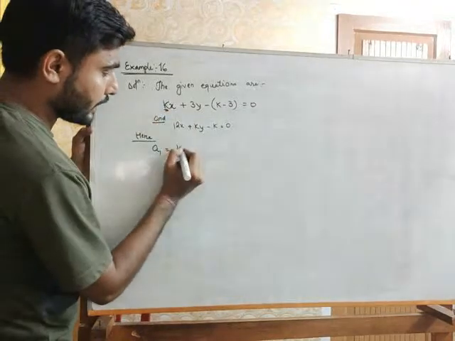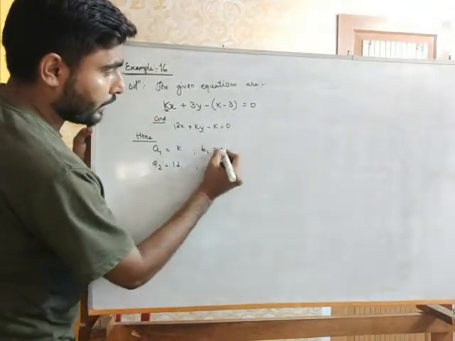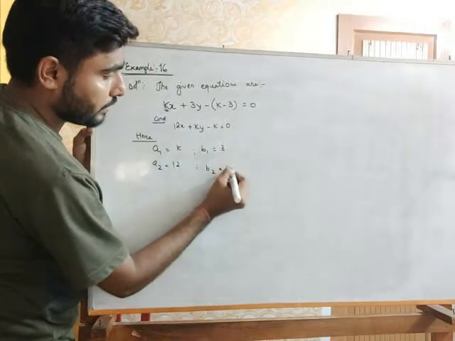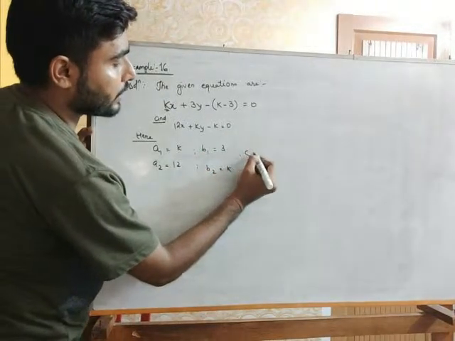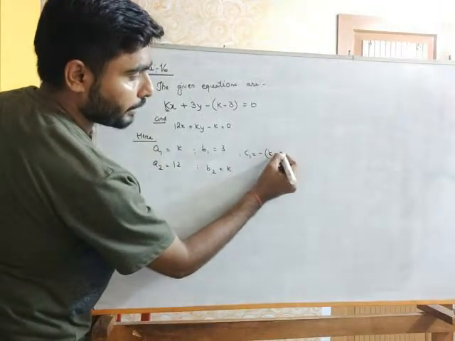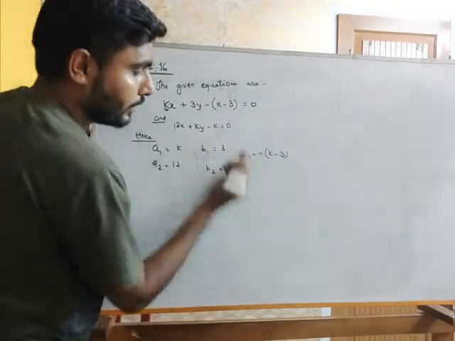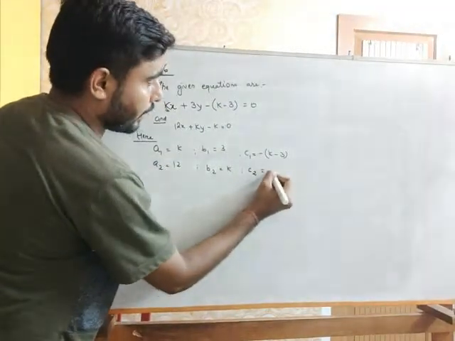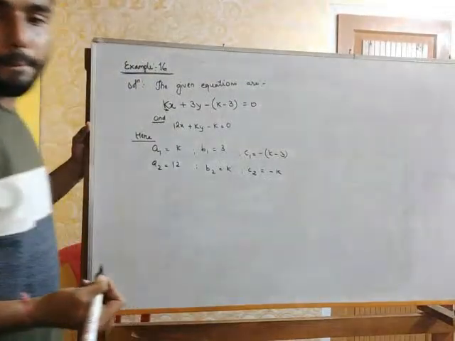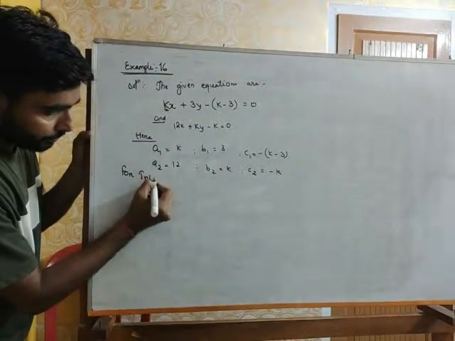For a1 it is k, for a2 it is 12, likewise for b1 it is 3, and for b2 it is k. Likewise for c1 it is minus of (k minus 3), remember to take the minus sign with it, and for c2 it is minus k.